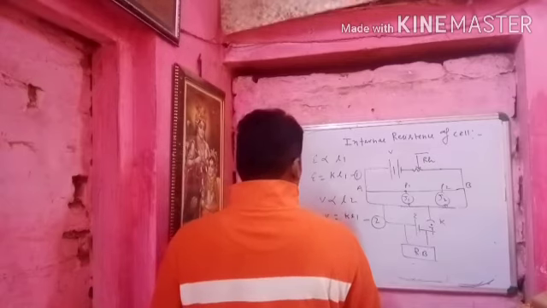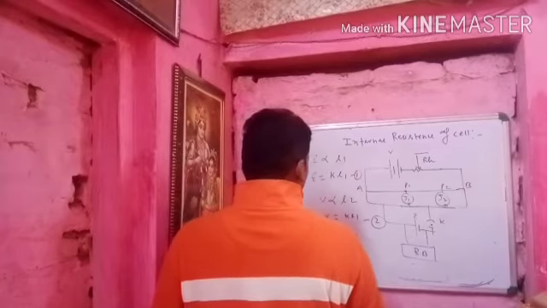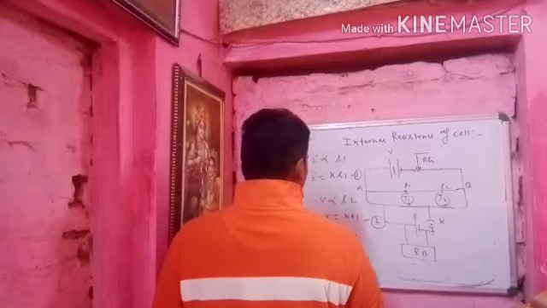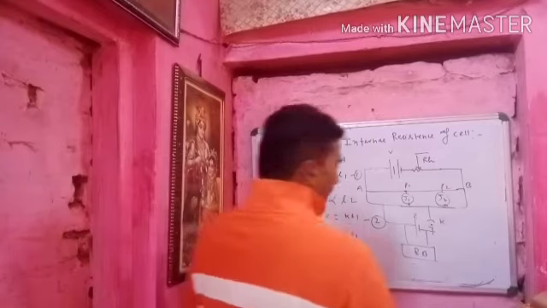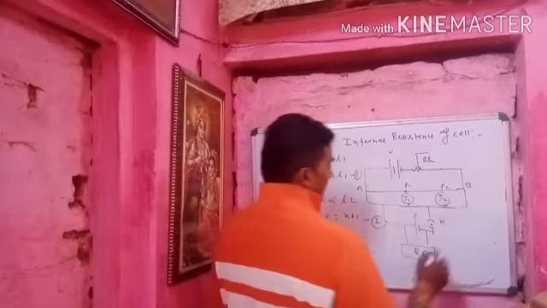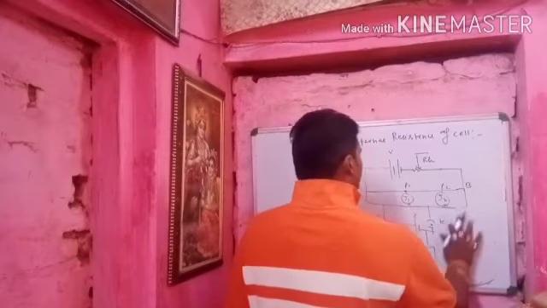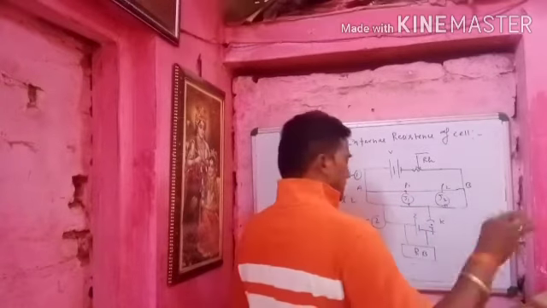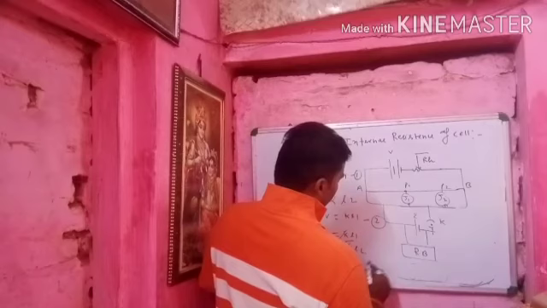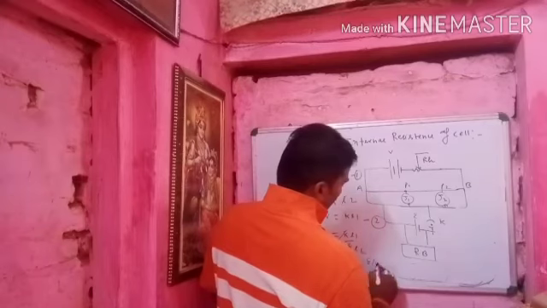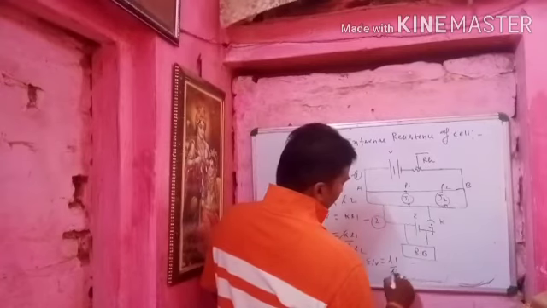E by V is equal to K L1 upon K L2. K is cancelled from K, and the relation becomes E by V is equal to L1 by L2.